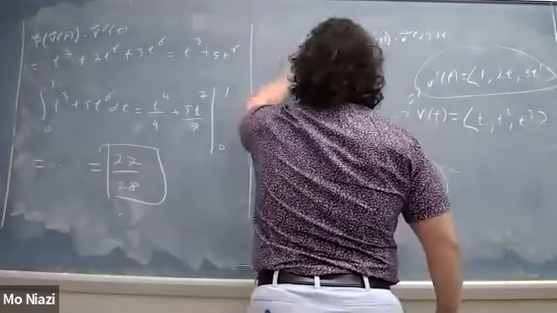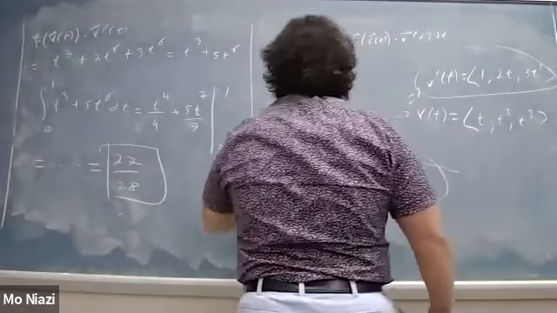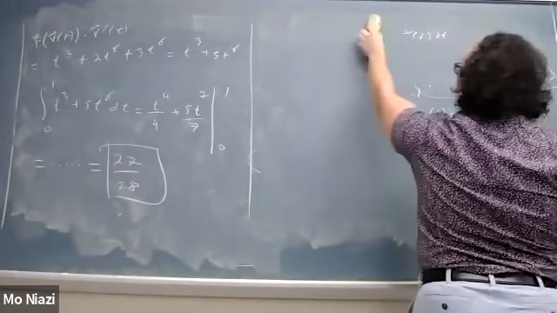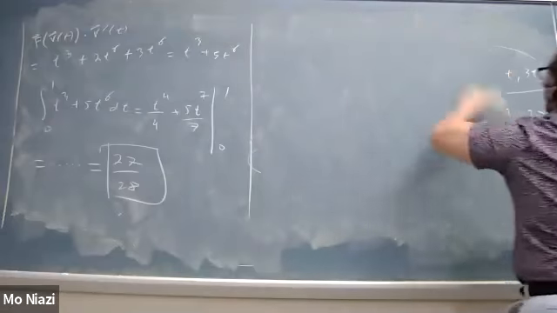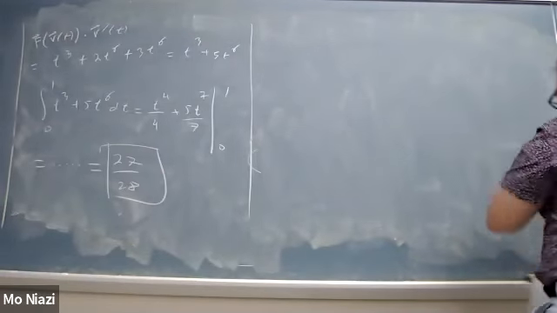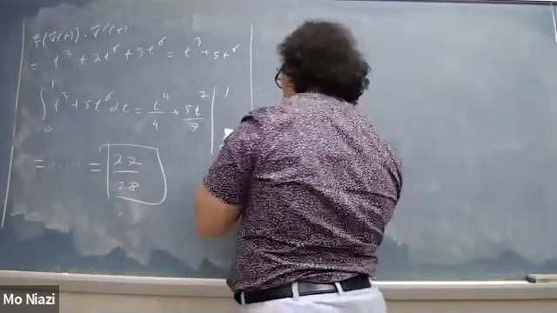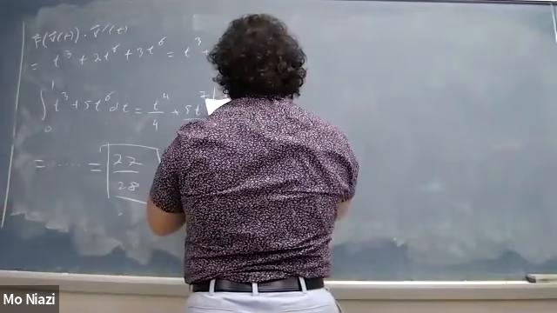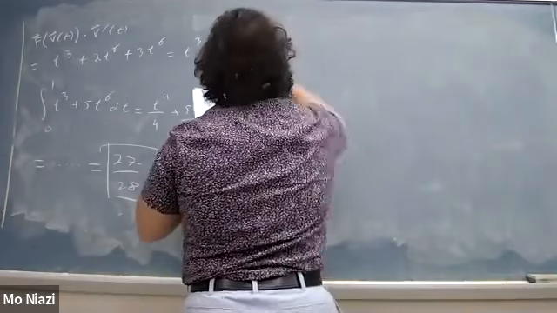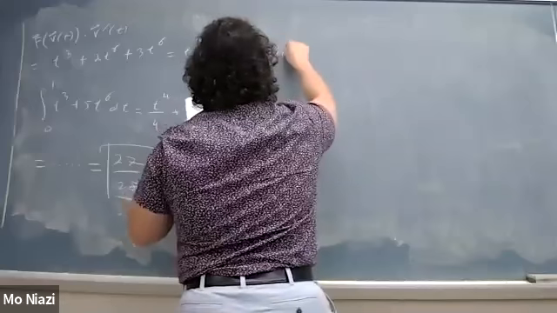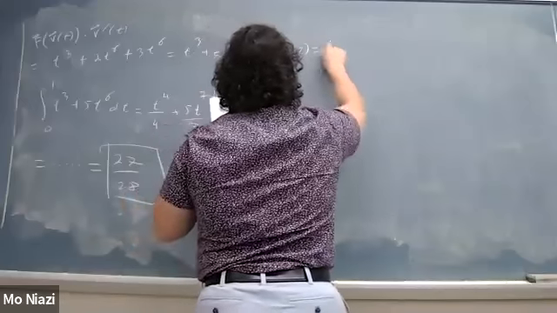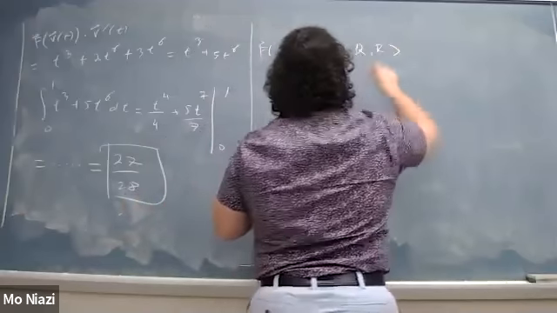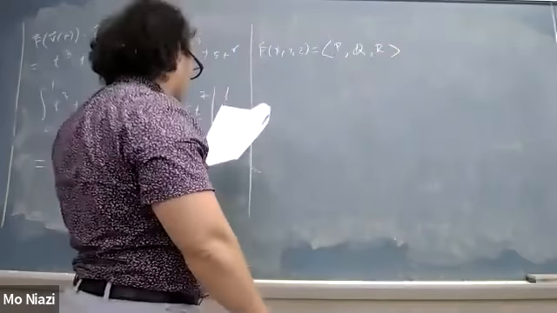Now let's talk about line integrals of vector fields and scalar fields. Recall we start out with some vector function of x, y, and z by saying that it's equal to some functions p, q, and r, where p, q, and r are functions of x, y, and z respectively.